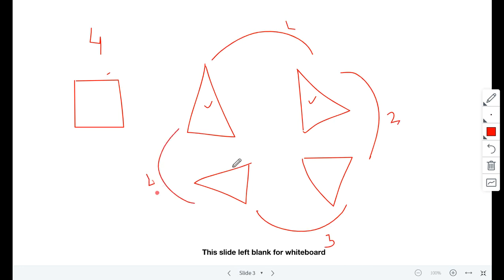Okay, so order four just means rotate it four times by 90 degrees. Yes, which means every time you rotate it 90 degrees, it still looks the same. Then again 90 degrees, again, again. When you have gone through 4 rotations, it still looks the same. That means it has a rotational symmetry of order 4.